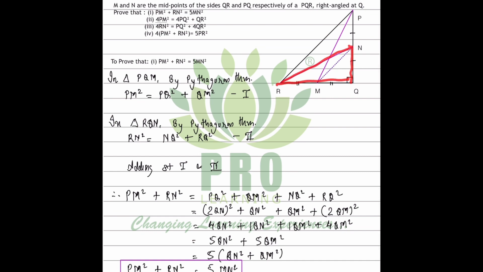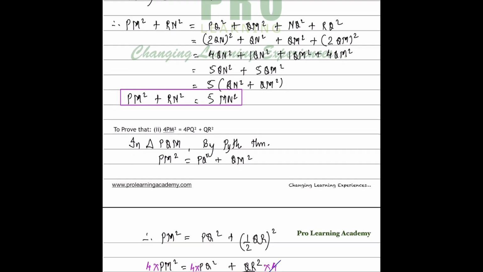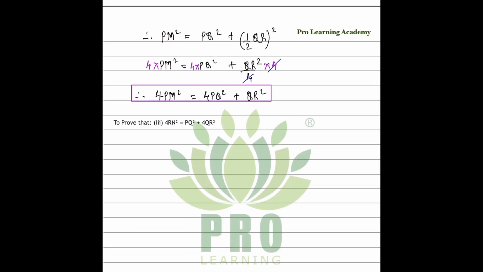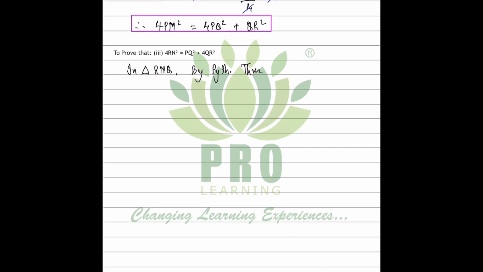So in triangle RNQ, again by Pythagoras theorem, we are getting RN square is equal to NQ square plus RQ square. RQ could be written as QR, so we'll write this as QR square.